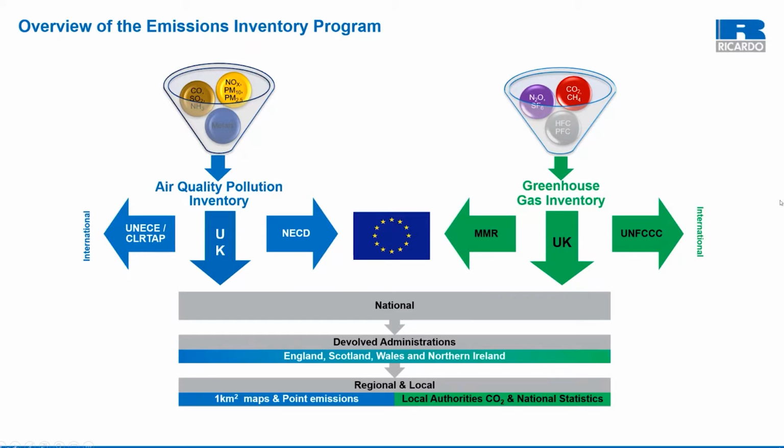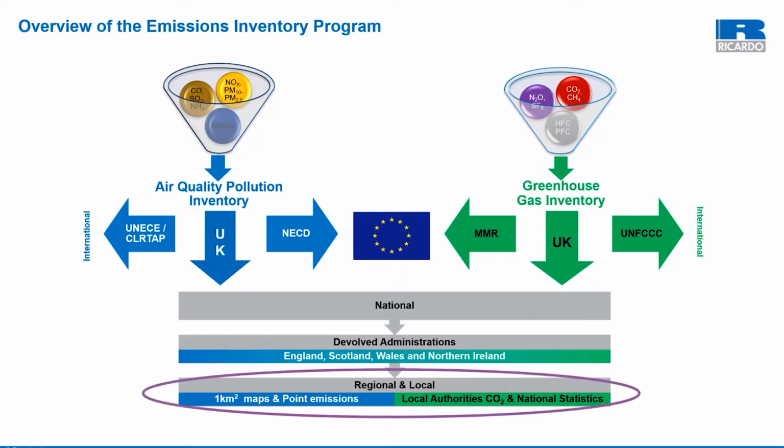We produce estimates by devolved administration, and we also provide local and regional outputs, such as 1 kilometer resolution maps, site specific emissions, local authority statistics, and other national statistics. My team is actually responsible for the spatial emission outputs, and you will see a few examples in a few minutes.